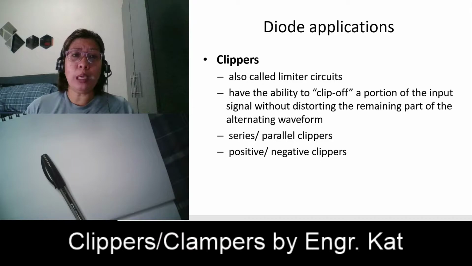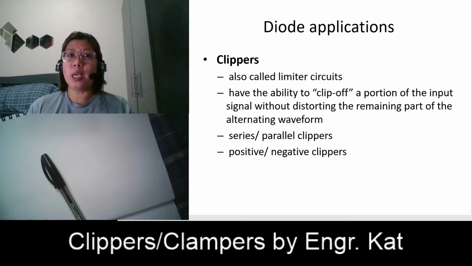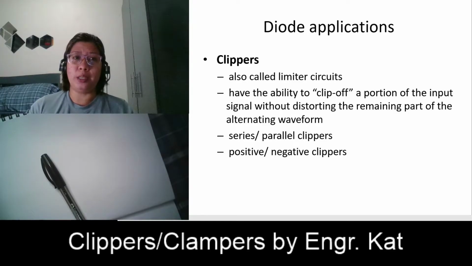Why do we want to remove a portion of an input signal? Sometimes when we send input signals, or we transmit information, there are unwanted signals included in the transmitted signal, for example noise. We want to remove that, but we do not want to remove the entire signal because the message is within the signal itself.